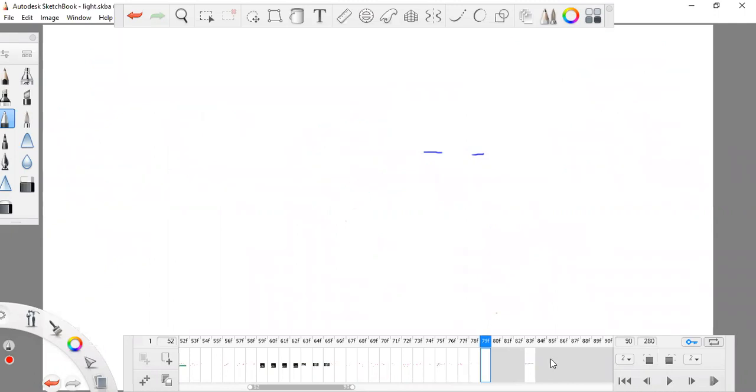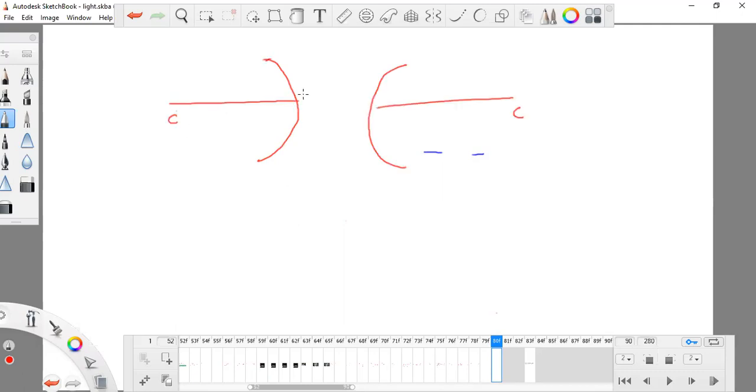Maybe you have forgotten. Remember that for this mirror, C is the imaginary point. Anything which originates from C and ends up here is known as radius of curvature. It is known as R.